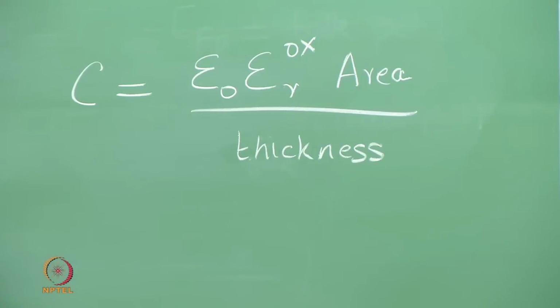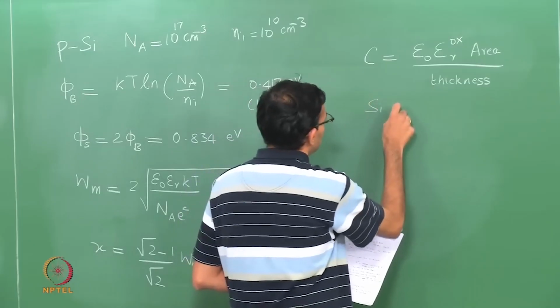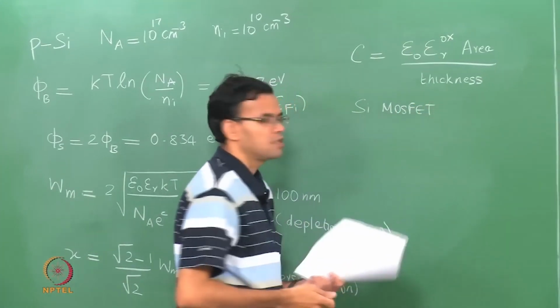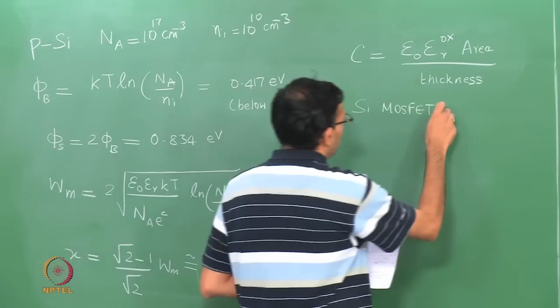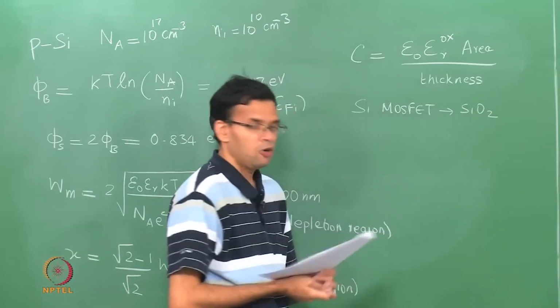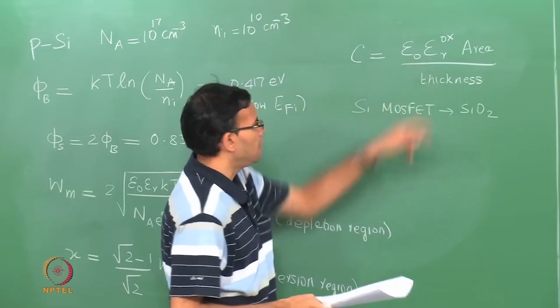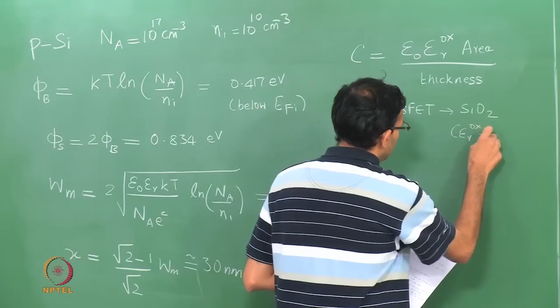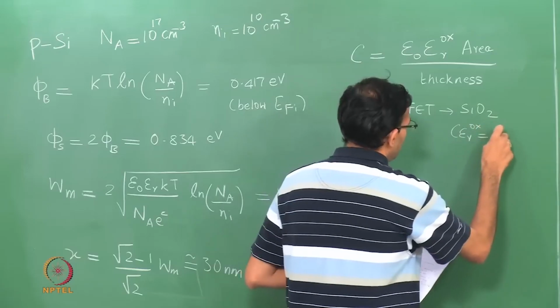In the case of the IC industry, silicon is your material of choice for the MOSFET. So the oxide layer that is used is always SiO2, and SiO2 has a relative permittivity of 3.9.